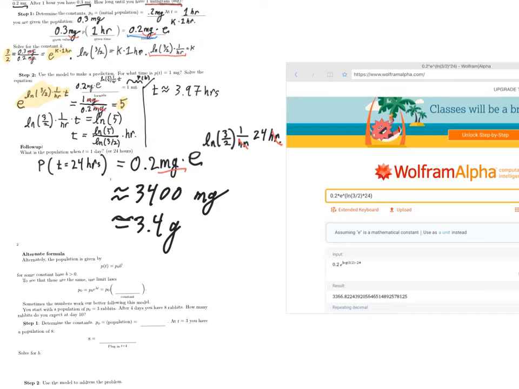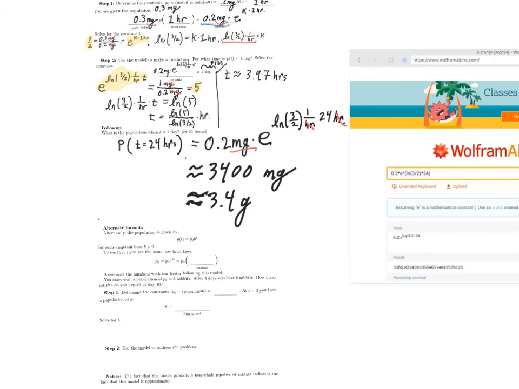Maybe I should keep reminding myself that this is approximate. So it looks like after 24 hours there will be 3.4 grams of bacteria, which is a pretty big number. And if I waited another day, it would grow exponentially by the same factor, so there would be even more of it.